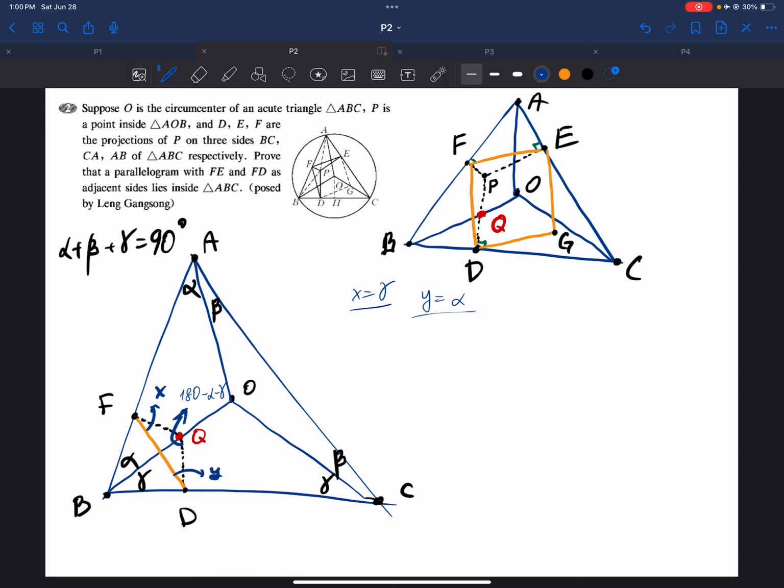For that, I will use the theorem of sines, or whatever is the proper name for it. I don't remember. I will use it several times for different triangles: for this triangle, for this triangle, for this triangle. Maybe there's a better way to prove it, but a proof is a proof, whatever works.